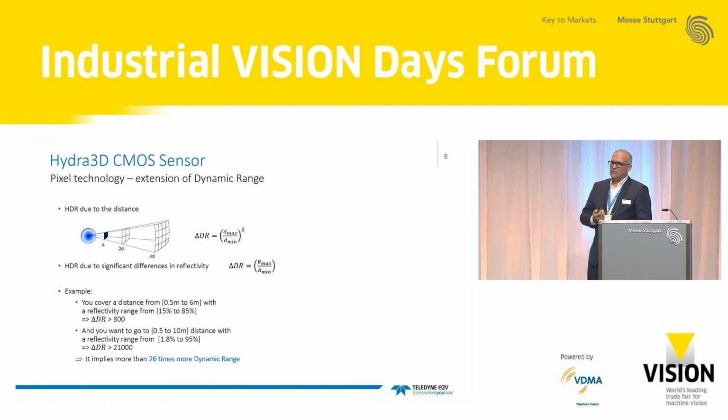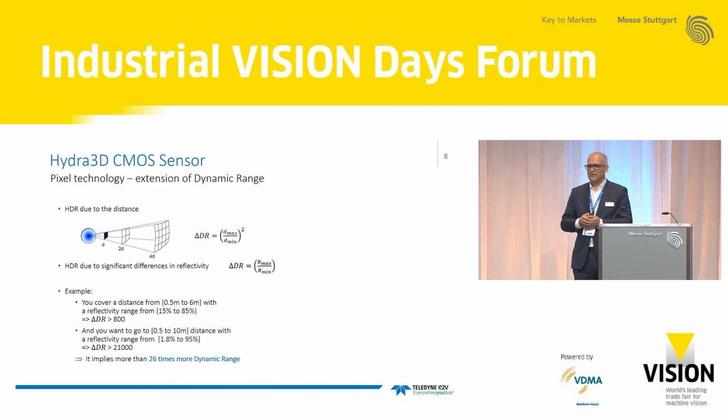Another key point in time-of-flight is dynamic range. Time-of-flight applications are naturally very high dynamic range applications, and one of the reasons is the combined contribution of distance range and reflectivity range. To put an example with a few numbers, assume you have application 1 targeting to inspect objects with reflectivity between 15 and 85%, at a distance between 0.5 and 6 meters.